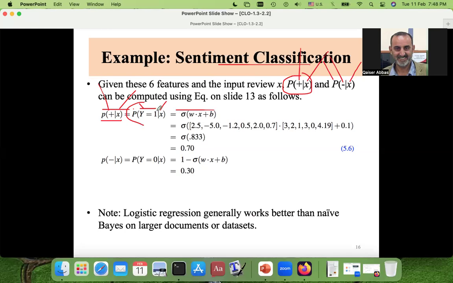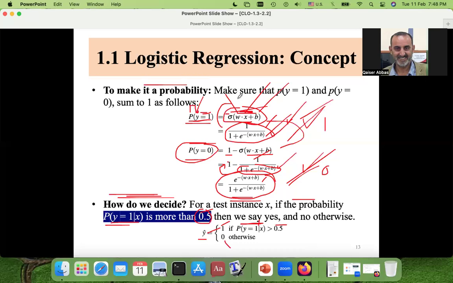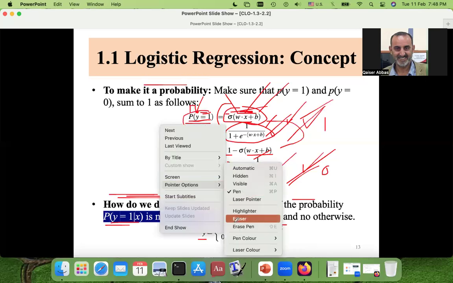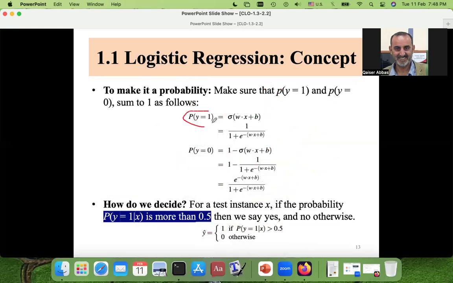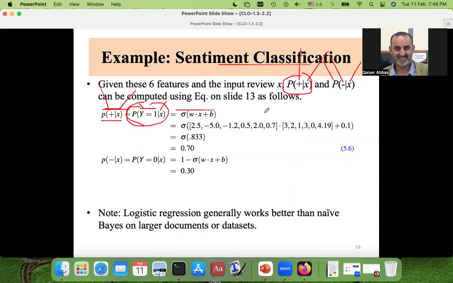But it is just relating with the previous information. And then sigmoid of this equation. When y is equal to 1 given x in our logistic regression, this is the equation. Sorry for this drawing. So we are going to use this equation here.